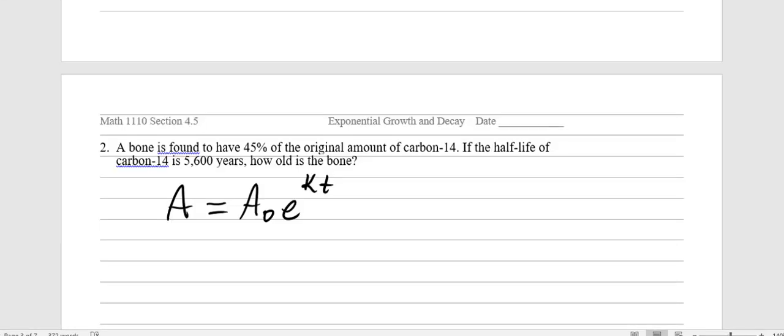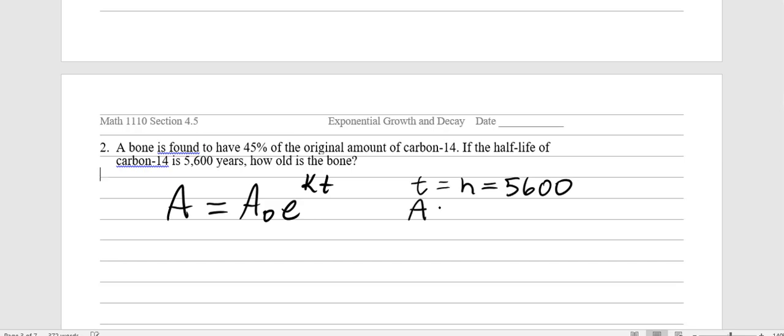So we're using the exponential function, the amount of carbon-14 equals the initial amount times e to the kt. And we need to find k, which we know is going to be negative since this is decaying. So the half-life t, which sometimes is referred to as h to represent half-life, is 5,600.